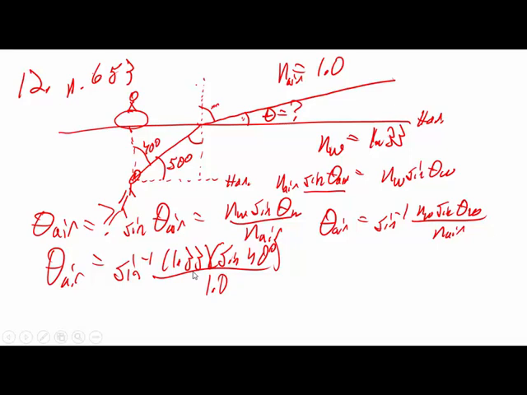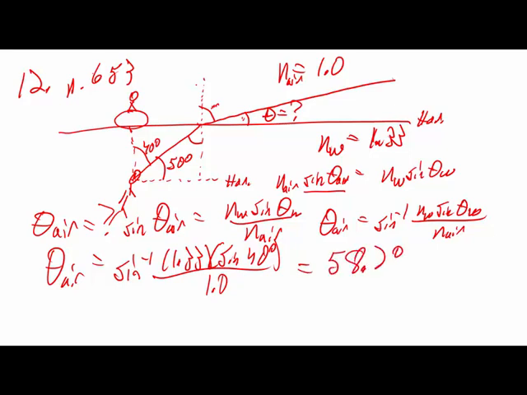And so when we do all that wonderful arithmetic, what do we get? 1.33 times sine of 40, and then divide that by 1, and that's going to be whatever the answer is, which is 0.85, and then we take the arc sine of that, and we get 58.7 degrees, okay? So we get 58.7 degrees.